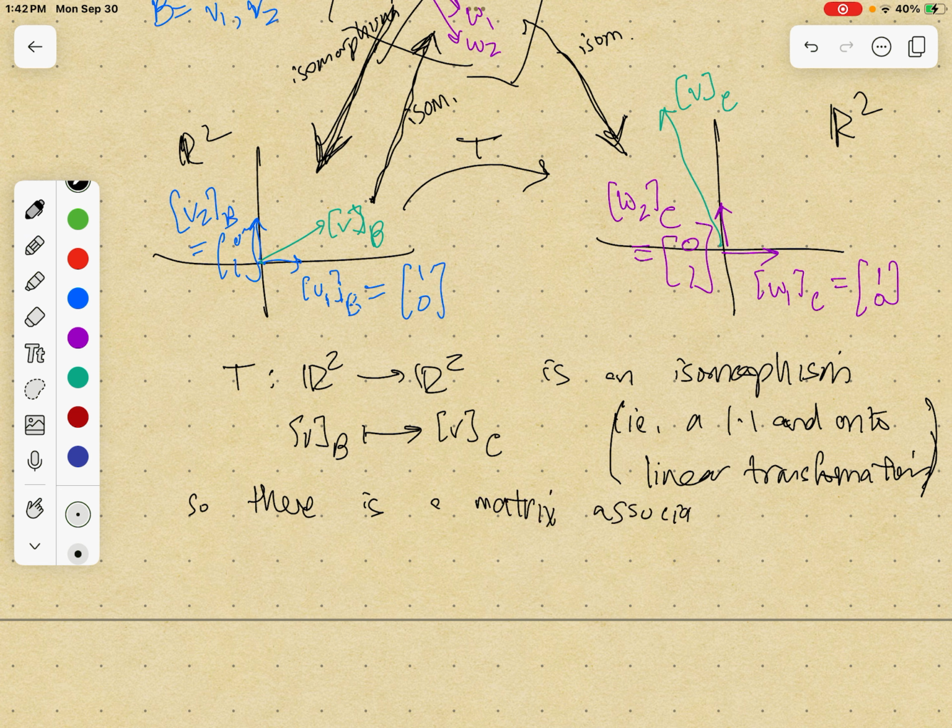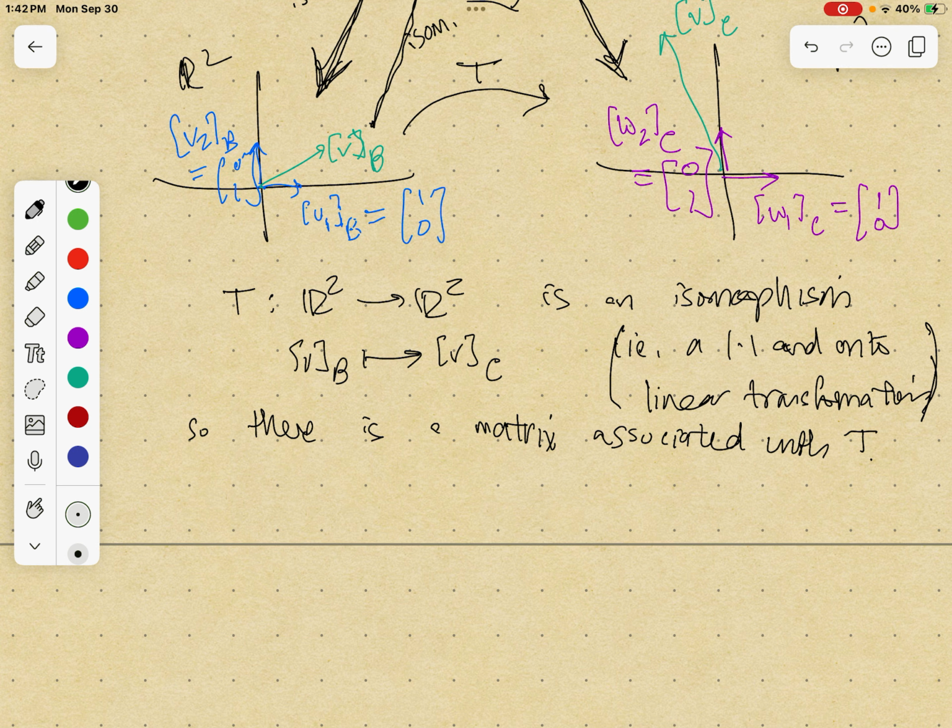And what we're looking for, remember we saw that whenever you have a linear transformation from one vector space to another vector space, and you choose bases for the domain and codomain, you get a matrix from it.